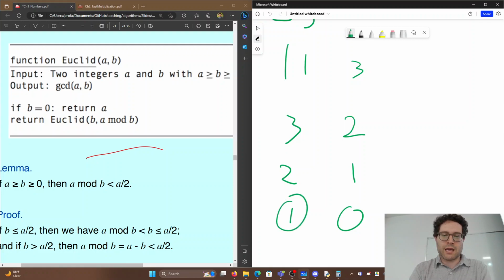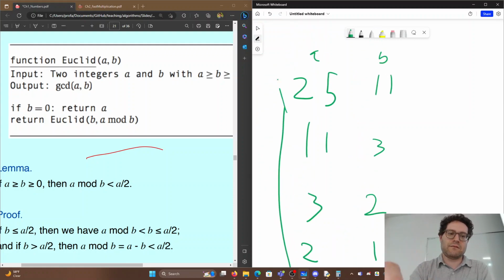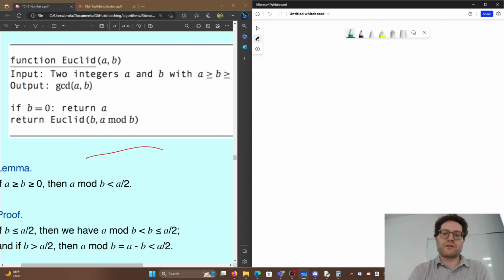So we return A, and that gets passed, and that's what gets returned all the way up the chain. You can check that 25 and 11 don't have a common denominator, right? Let's check it for something that does.